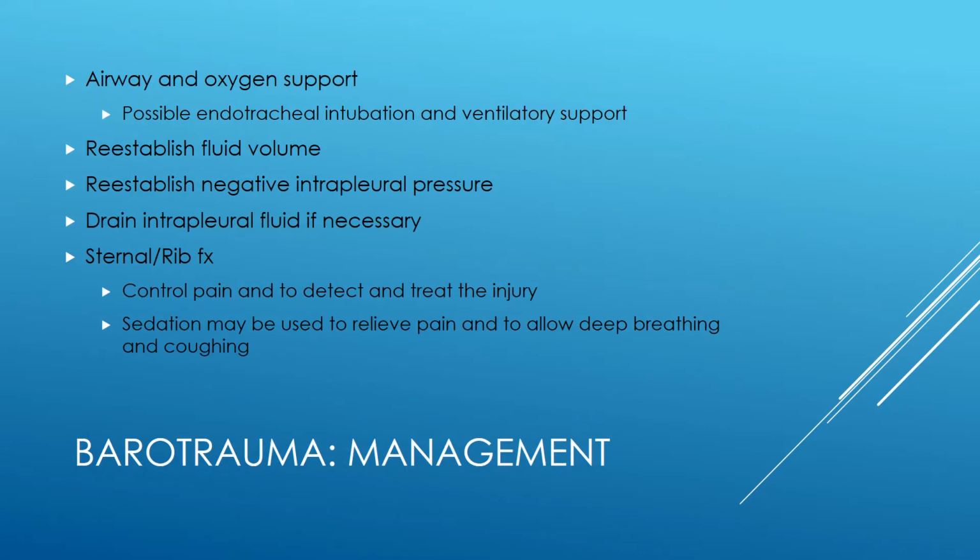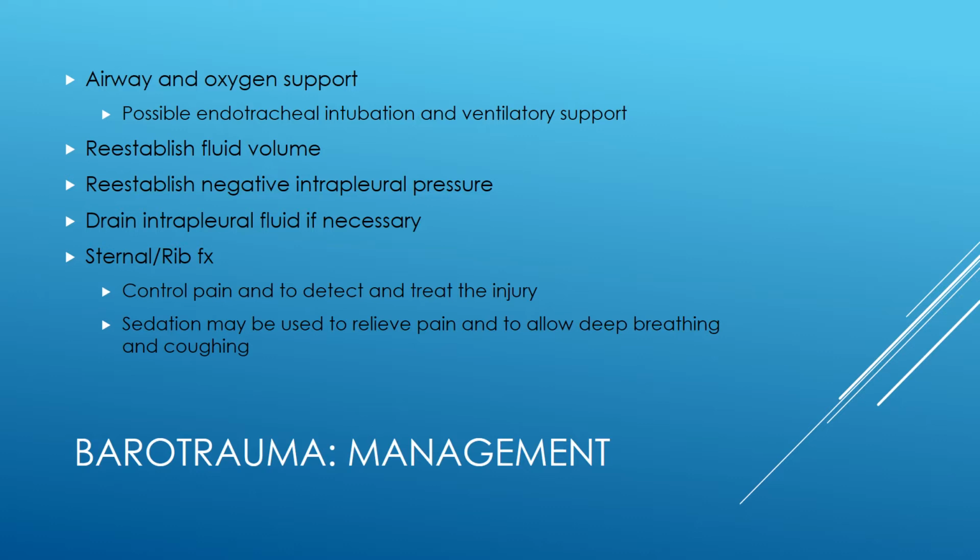Your management will be oxygen and airway support, so ensuring that your patient has a patent airway. They may need intubation and vent support if it's severe enough. Reestablish fluid volume, so if they are hemorrhaging, you're going to be giving them IV fluids, and possibly a blood transfusion, to reestablish the fluid volume that's being lost.